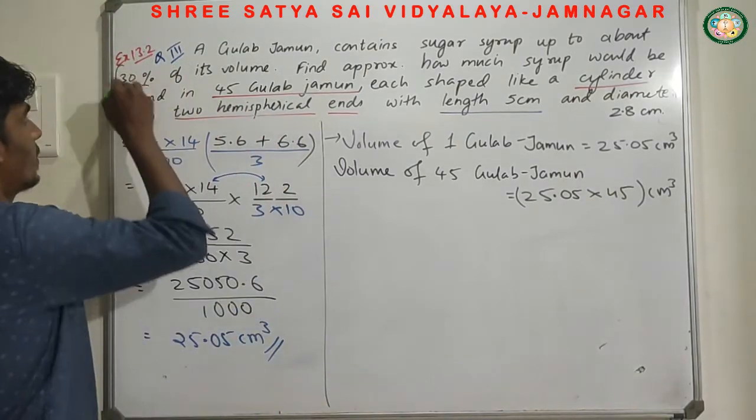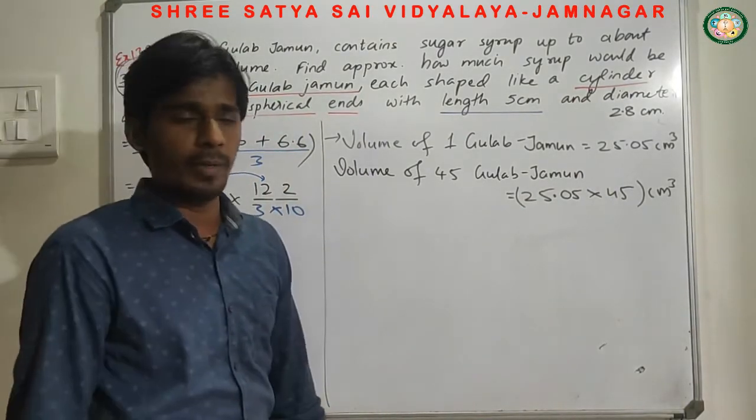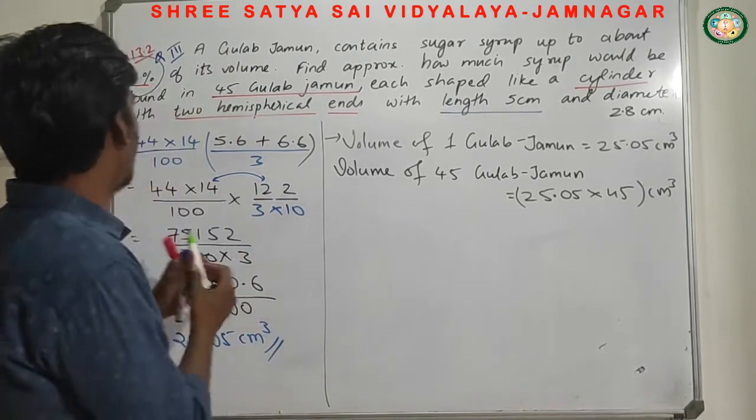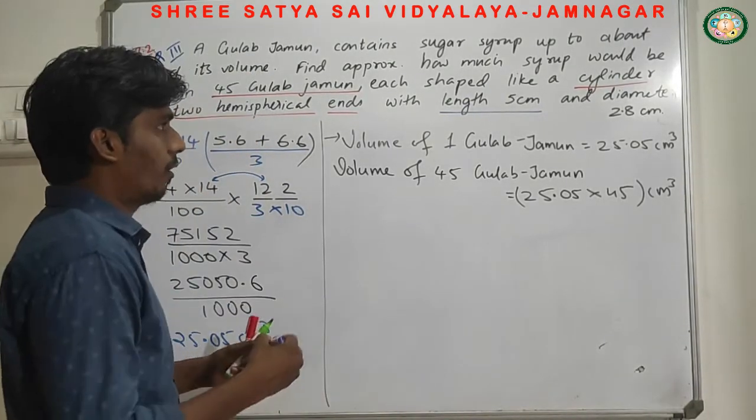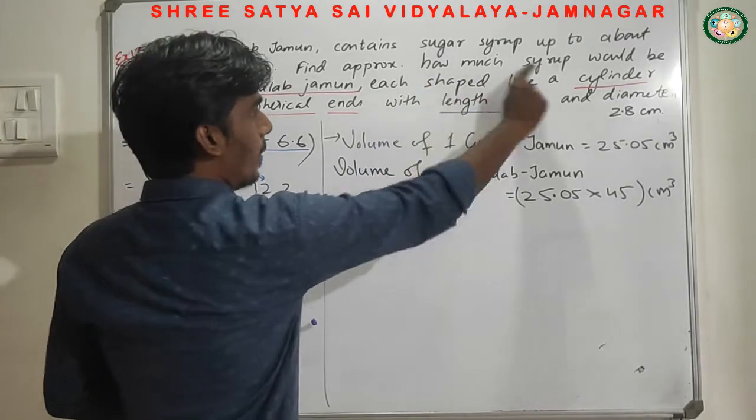Now, how much percentage is there? Now in the total gulab jamun, how much is syrup? 30% is syrup. Our question is the same, how much syrup is there?